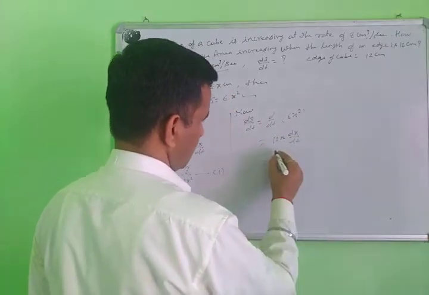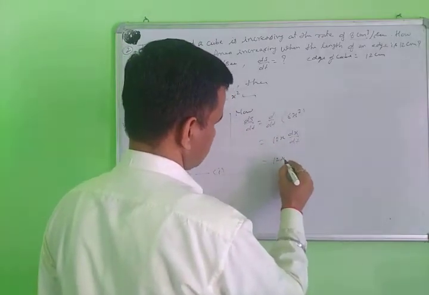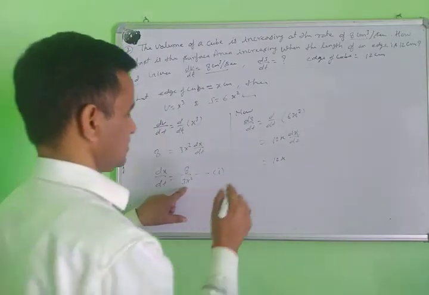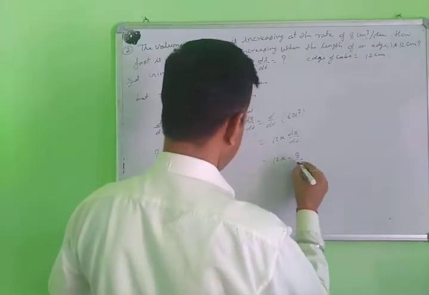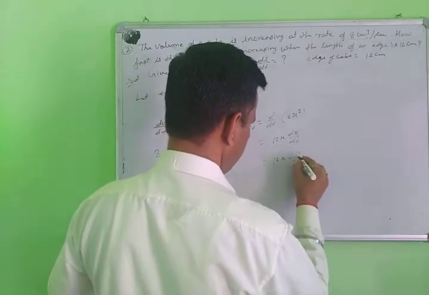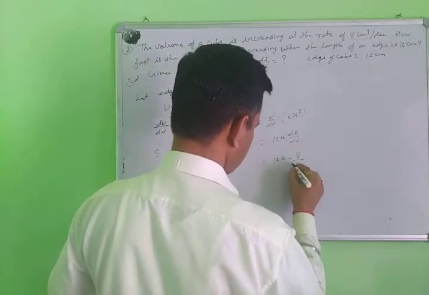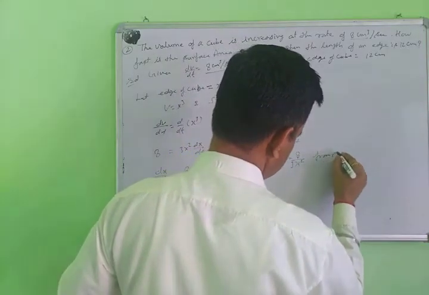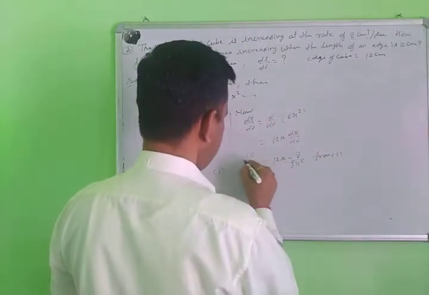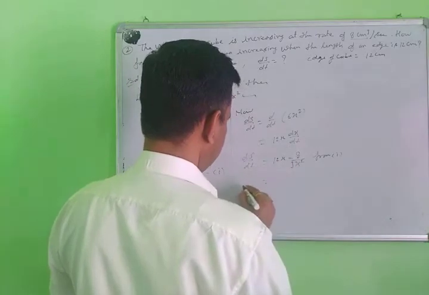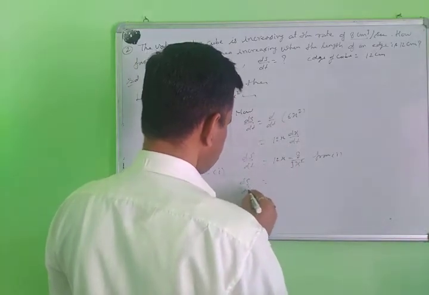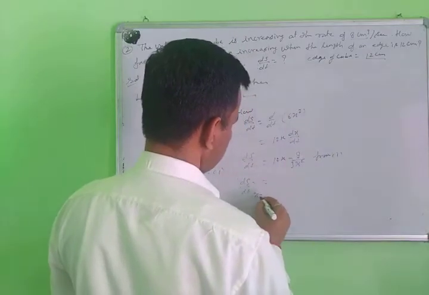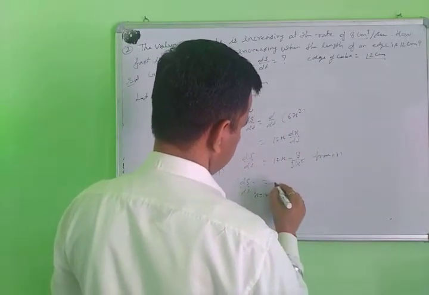So now putting the value of dx over dt from the first equation, into 8 upon 3x square. So this is ds over dt, and ds over dt at the point x equal to 12 centimeter. What will be here?